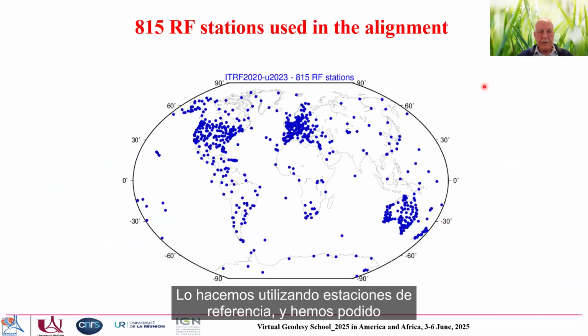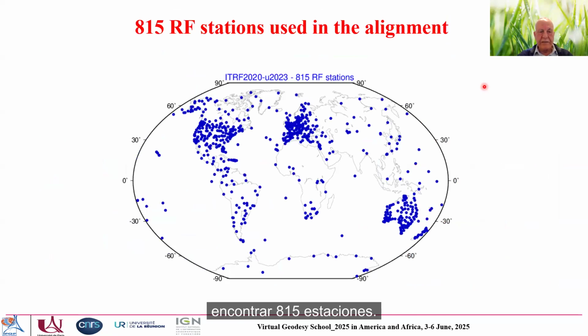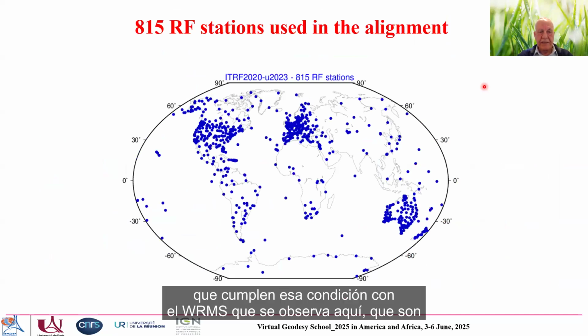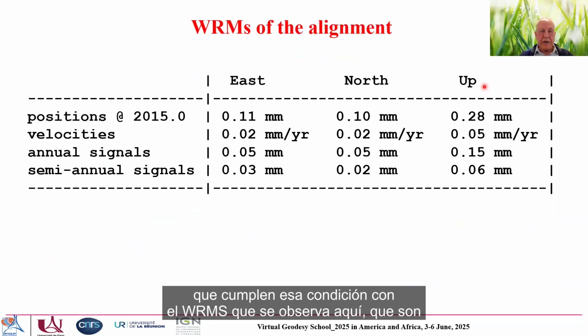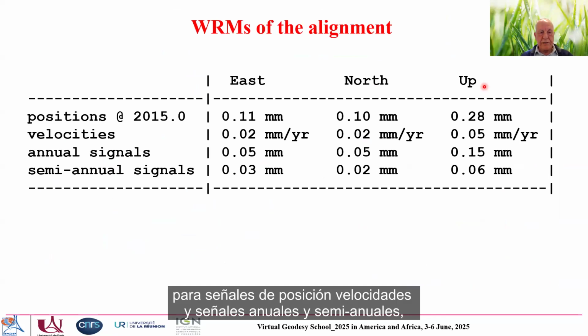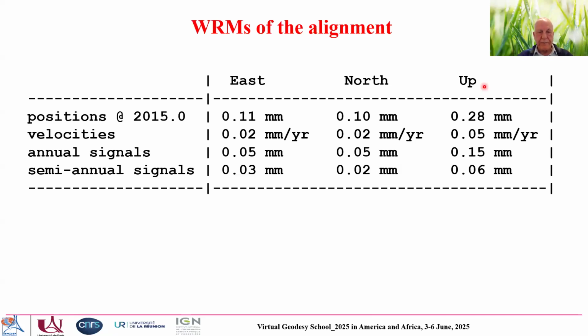We do that using reference frame stations, and we were able to find 815 stations that satisfy that condition with the WRMS that you see here, which are for position, velocities, and annual and semi-annual signals. These WRMS of the alignment are at the level of a fraction of a millimeter.